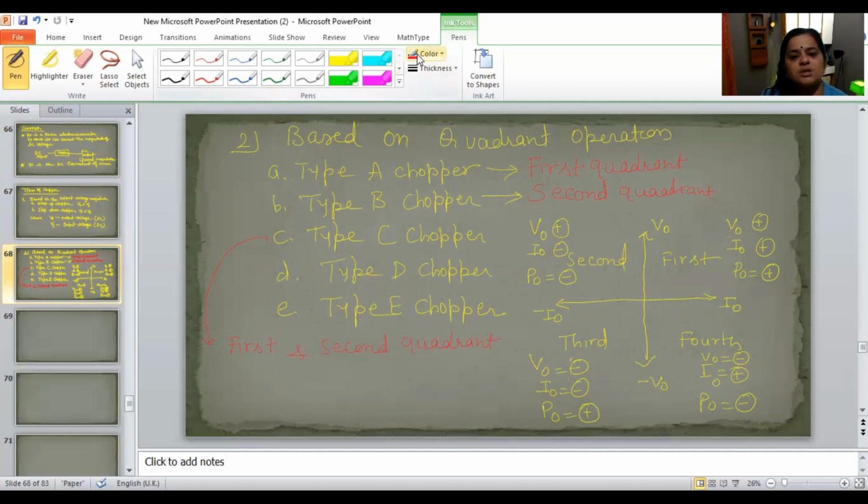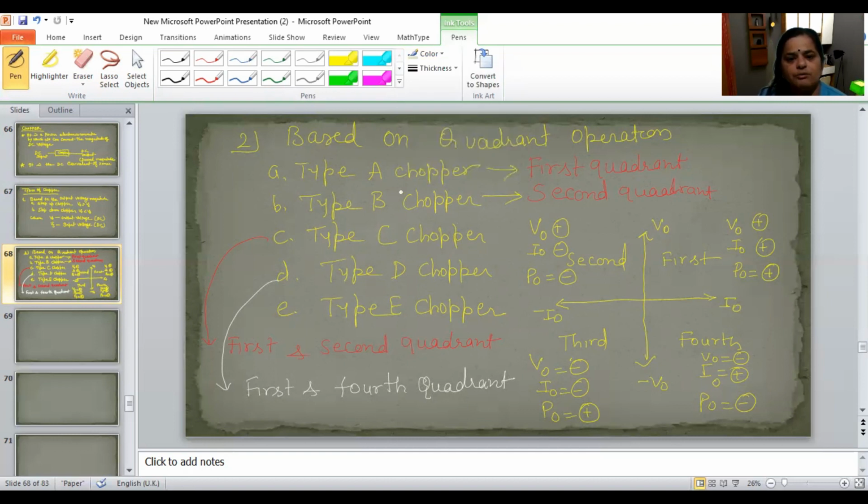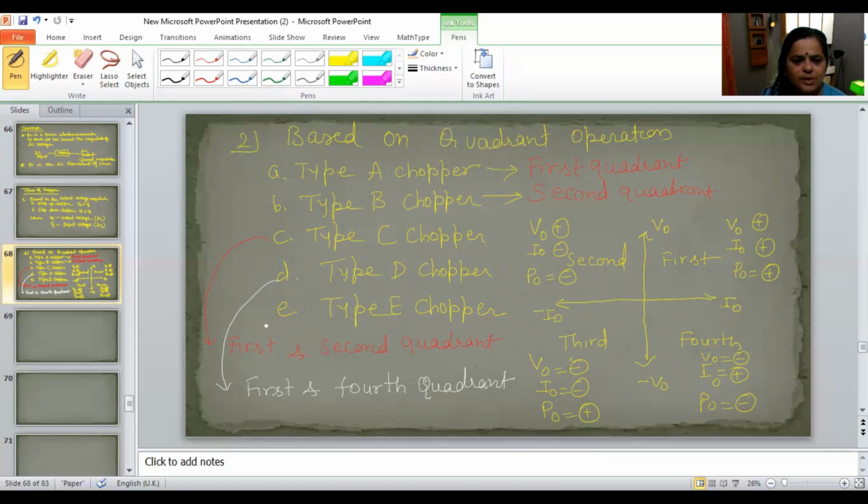Type D chopper is also a two quadrant chopper and it operates in the first and fourth quadrants. The type E chopper is a chopper which operates in all four quadrants, so it is a four quadrant chopper and it operates in the first, second, third and fourth quadrants.